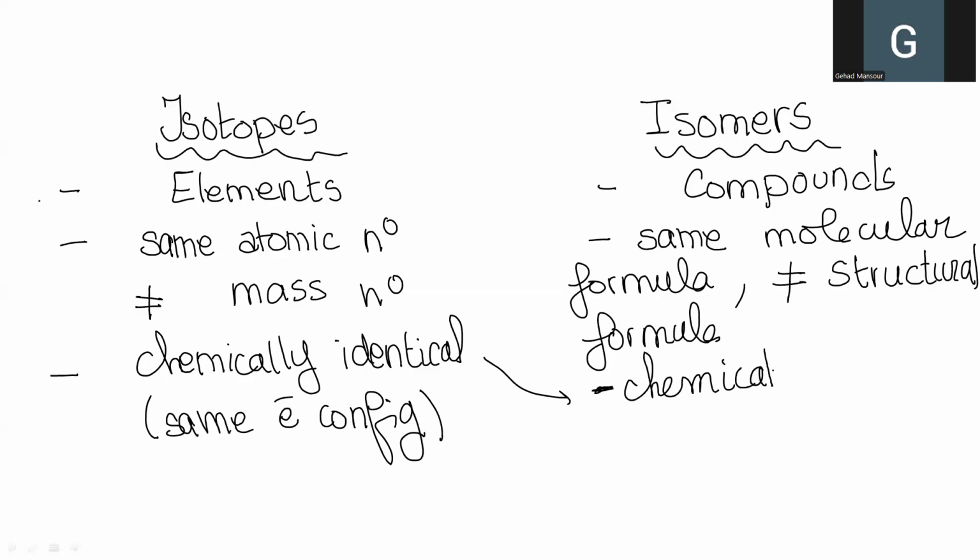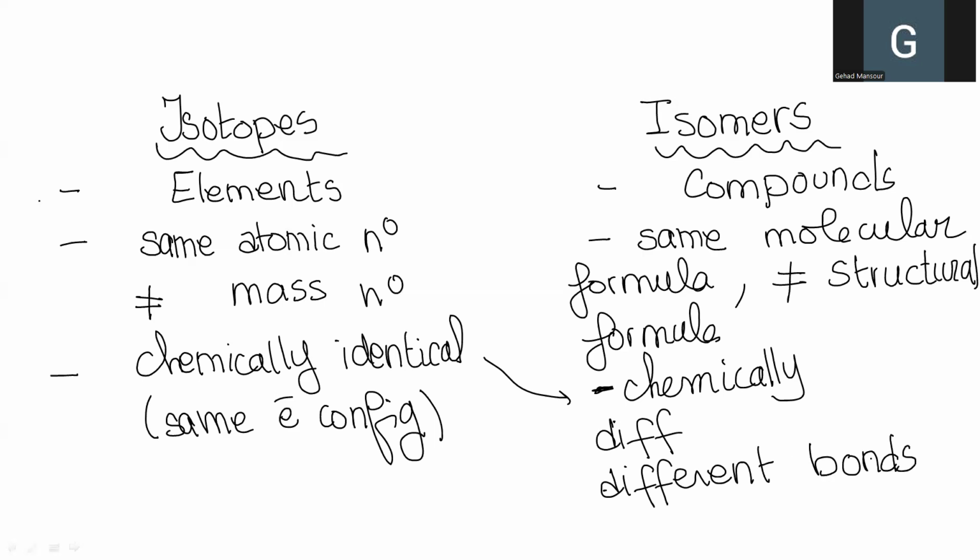They behave differently. Why? Because this different arrangement results in different types of bonds, and the different types of bonds will result in a different behavior. And then you give an example. For example, here we can say carbon-12, which is the non-radioactive, and carbon-14, which is the radioactive form.